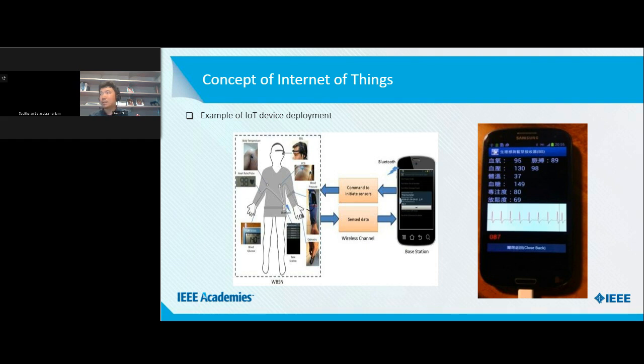The body sensors can sense information such as temperature, heartbeat rate, ECG, and blood pressure. Then those sensed data can be transmitted to the smartphone through the Wi-Fi network or the Bluetooth link, and are received and displayed through the app on our smartphone.